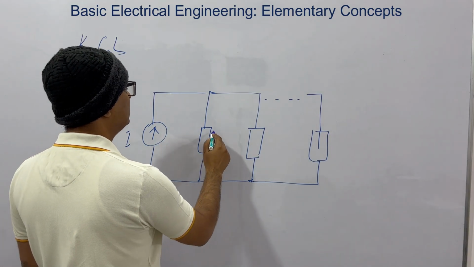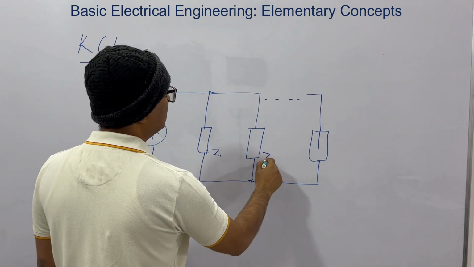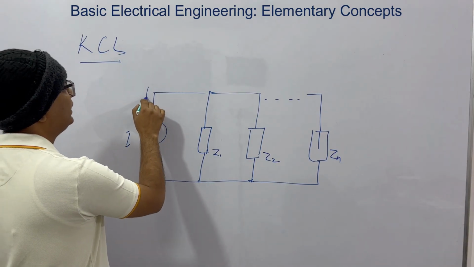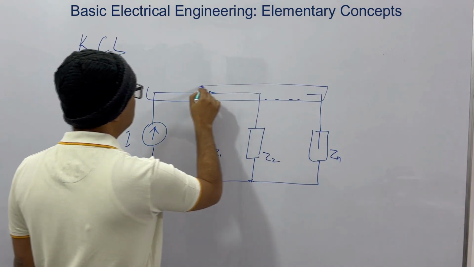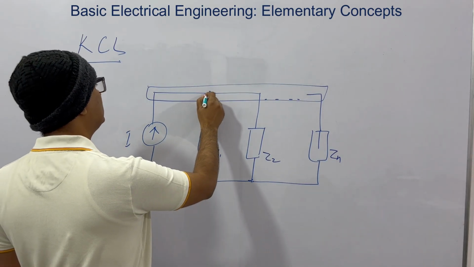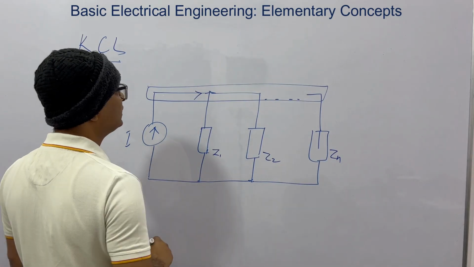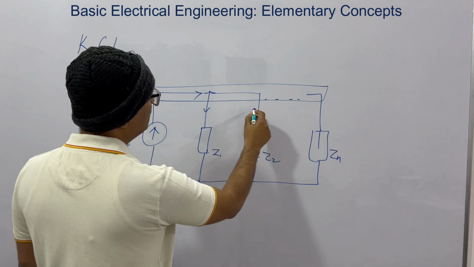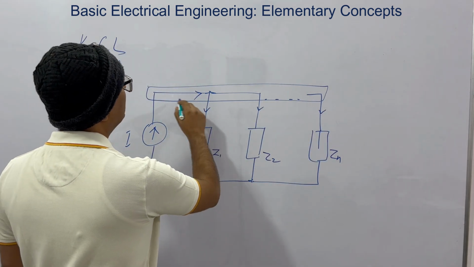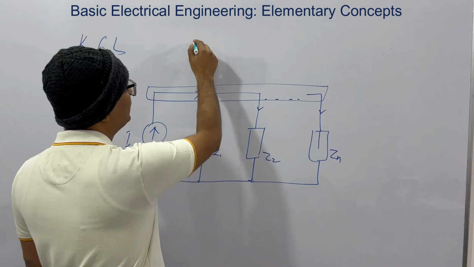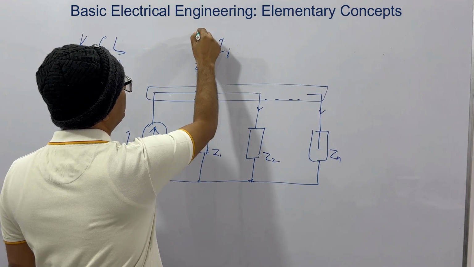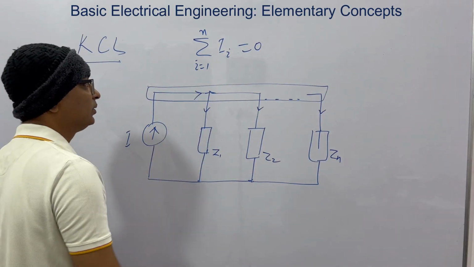So let's say this is Z1, Z2 and this is Zn. So in Kirchhoff's current law, we take it as one node, and the basic idea is that all the current entering the node is taken positive and exiting the node is taken as negative, and the net sum of current I for 1 to n is equal to 0. This is Kirchhoff's current law.